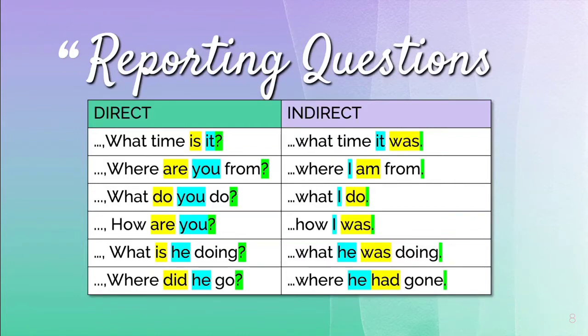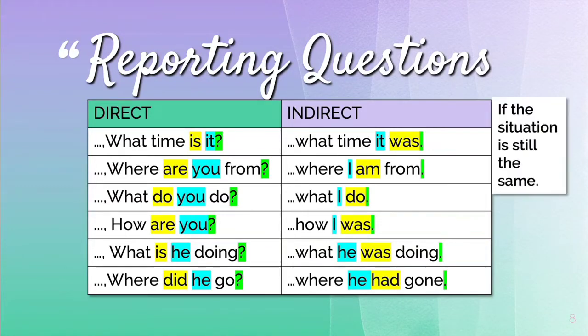Here again, the simple present stays the same. It doesn't change if the situation is still the same, like I am from Canada, I'm from China, I'm from Brazil, they stay the same, right? So what do you do? What is your job? I am a teacher. If the situation is the same, the tense stays the same.